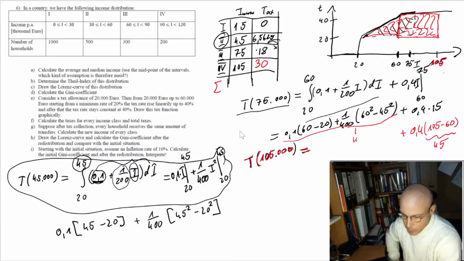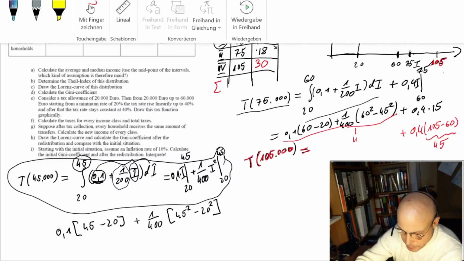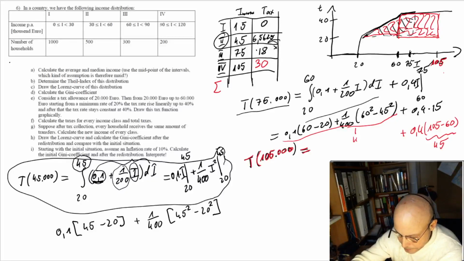Last time we wanted to calculate the Gini coefficient for a given income distribution, which we had here.